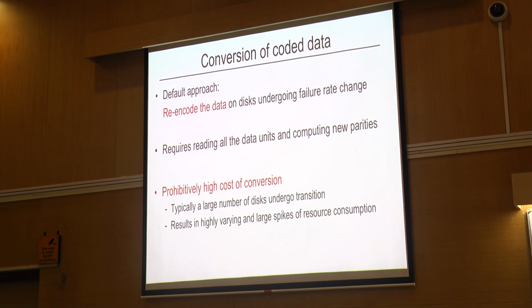So a large number of disks transition their AFR phases together, and hence the data stored on all of them will have to be converted. This results in highly varying and very spiky disk I/O and network bandwidth consumption just for doing this conversion.